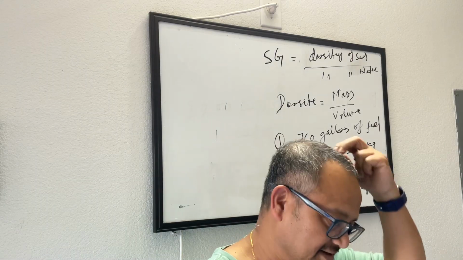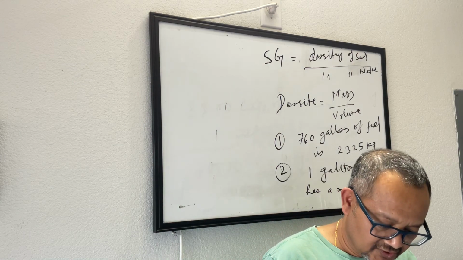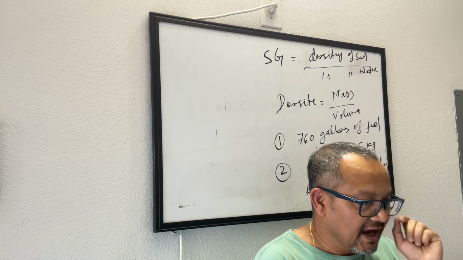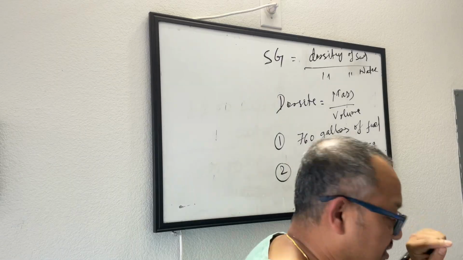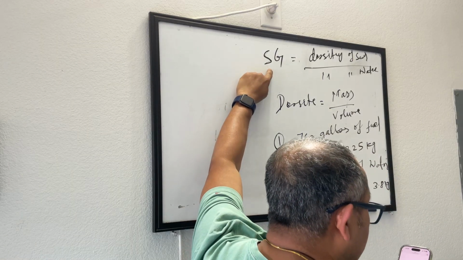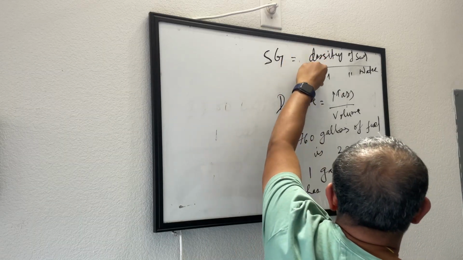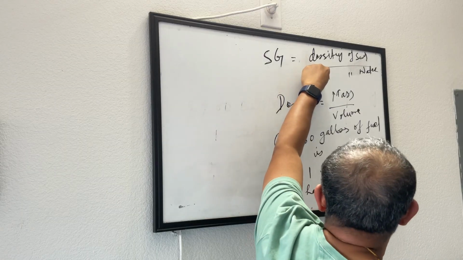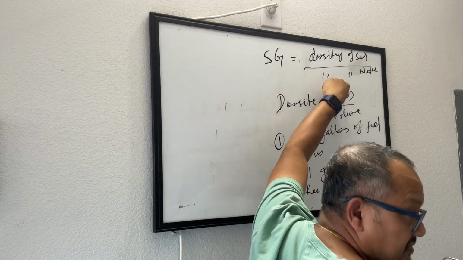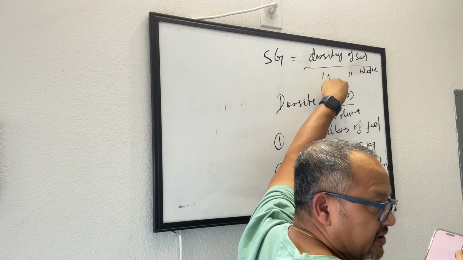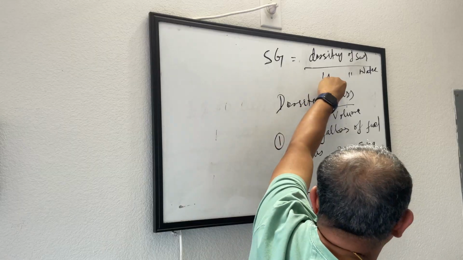Interesting. I know everybody is scratching their head and there is a reason for it, but don't do it much. Okay. I'm reading the question one last time. Now we have so much information on the board. Let's connect the dots. Specific gravity is the ratio as a decimal of the density of a substance by the density of water. Now what is density? That is described here. Density is the ratio of mass, kilogram or pound, whatever we use, to volume.